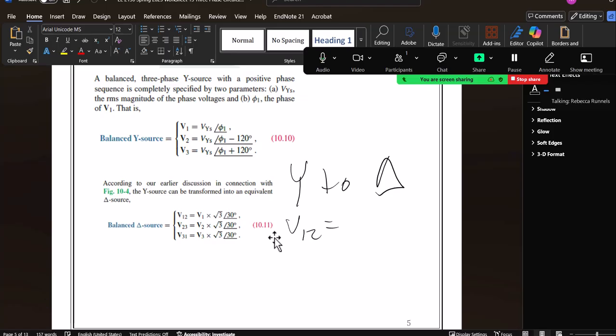V12 would equal V1 times the square root of 3, and you advance the angle by 30 degrees, so plus 30. So you'd add 30 degrees to the angle.